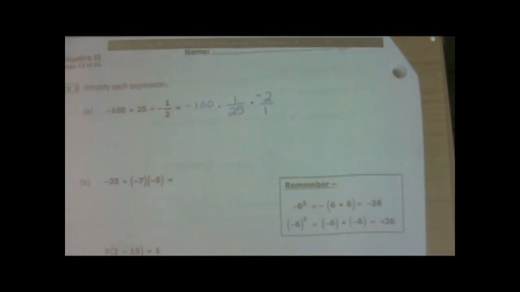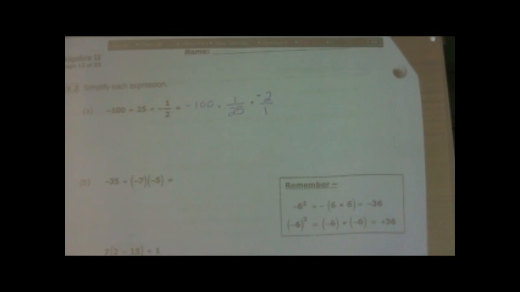So everything after a divide sign is going to flip. So here's what it's going to be. Negative 100 times. Flip this upside down, so it's now 1 over 25. Change this to multiply. Flip this upside down, so this is negative 2 over 1.